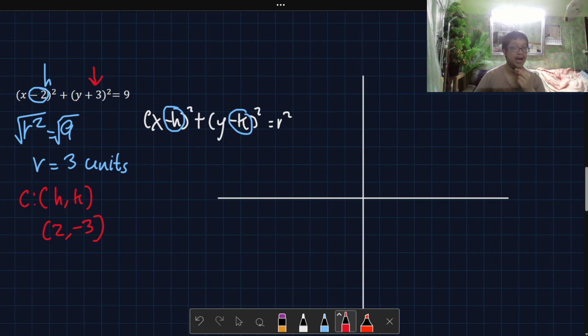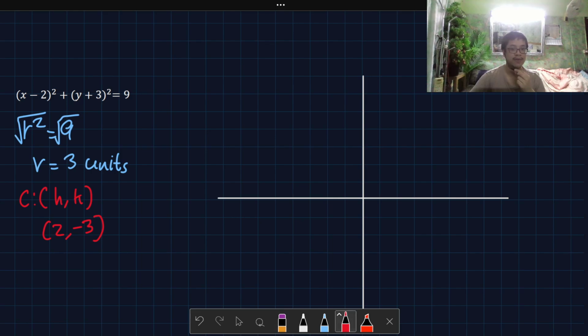Now, if you're asking me why, if you take a look at the formula, x minus h, to get the center we only need h. y minus k, we only need k. So if we relate that to this problem, we have x minus 2, so we just leave it as x minus 2 squared. Plus for the y, however, it's not minus 3 but rather plus 3.